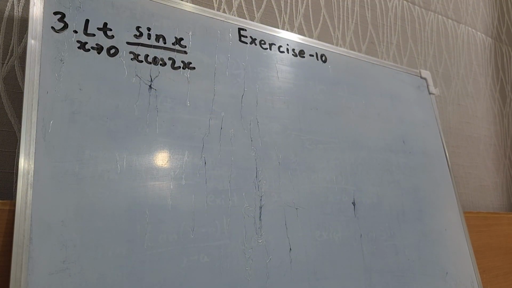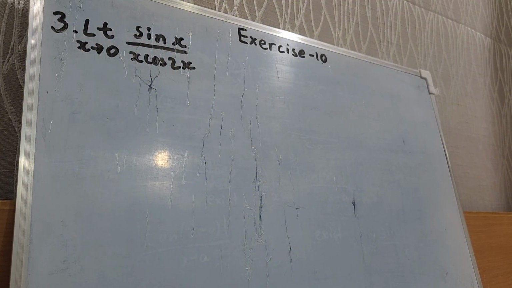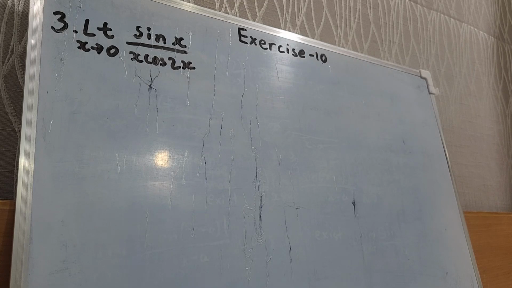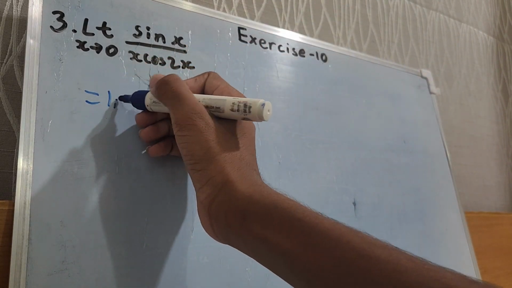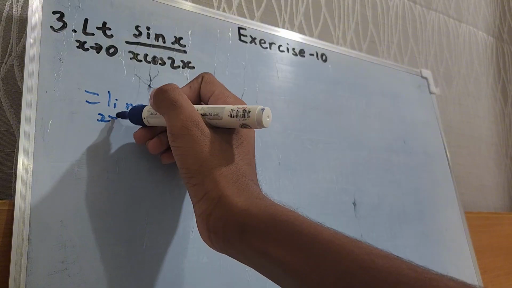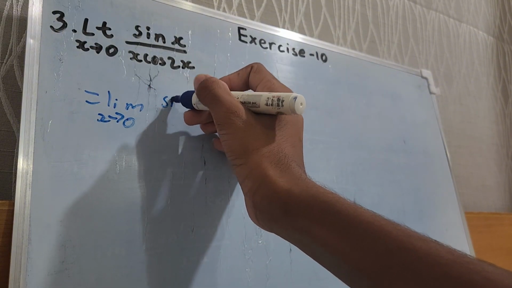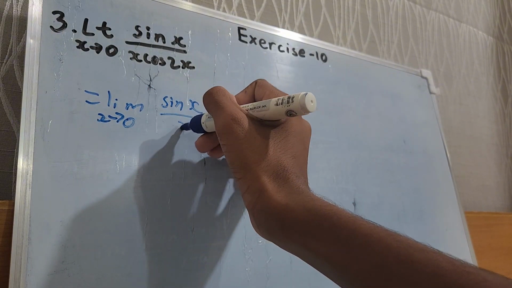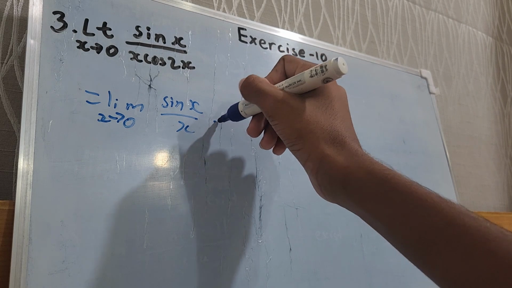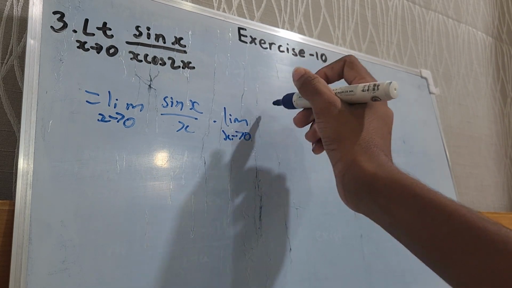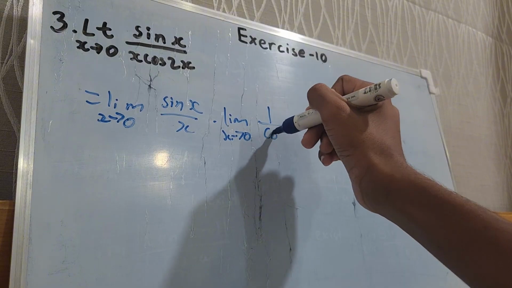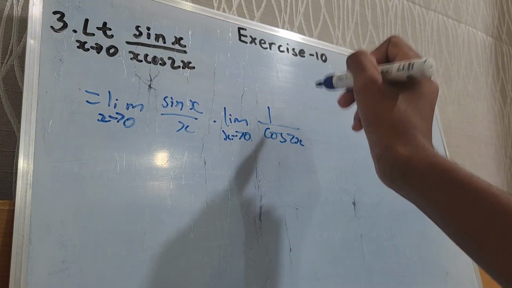We're now on another problem. I think you will get the idea of this problem easily. Limit x tends to 0, sine x by x, formula, into limit x tends to 0, 1 by cos 2x.